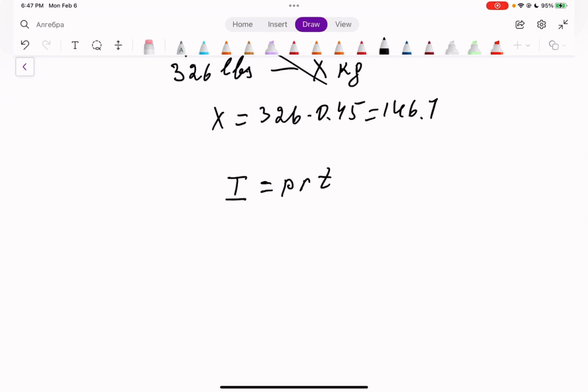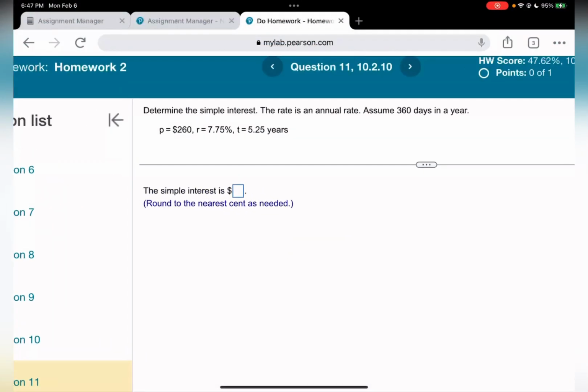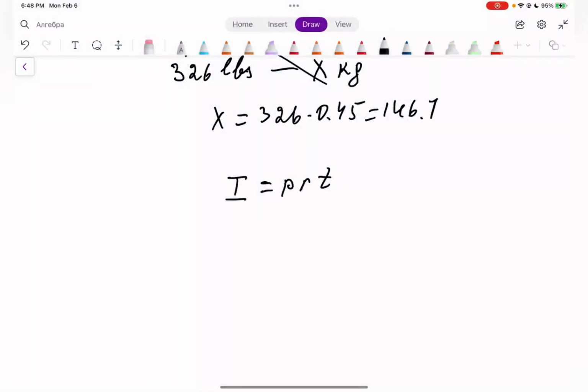Okay, so what do we have here? I'll take a picture of this data so I don't have to go back and forth. All right. So our principal P is $260. Rate 7.75%.